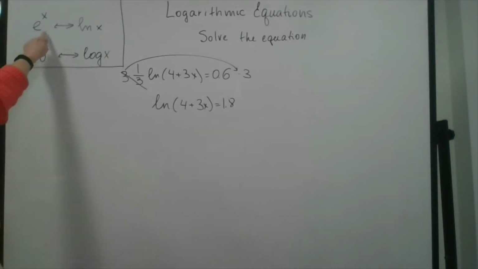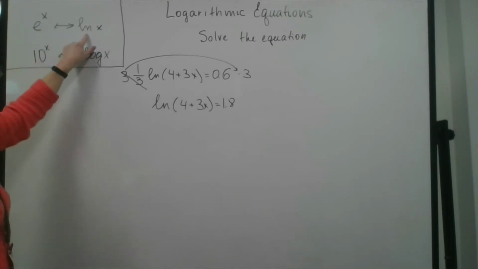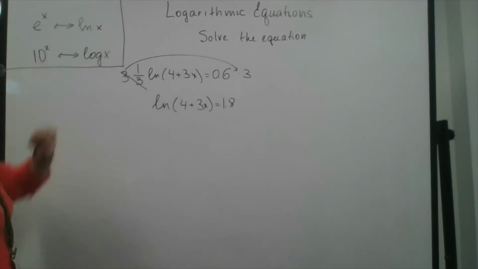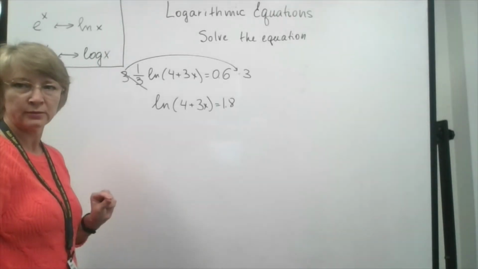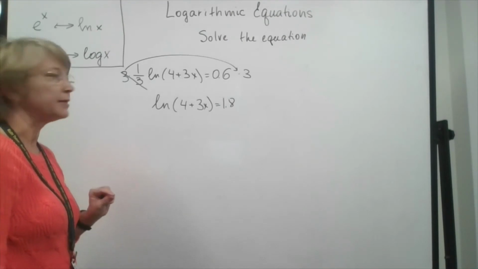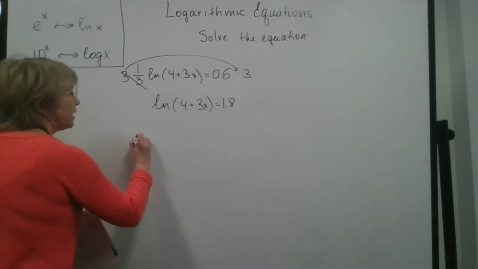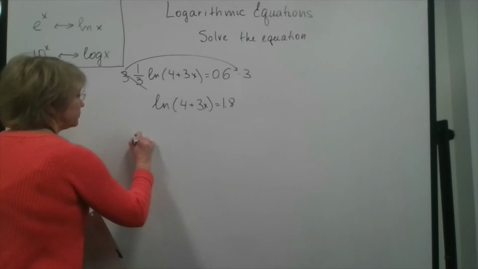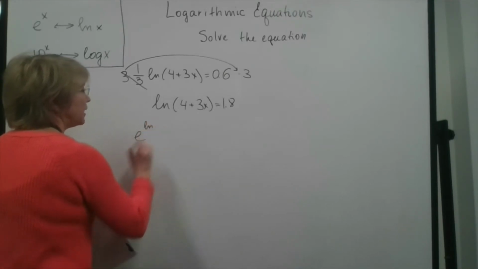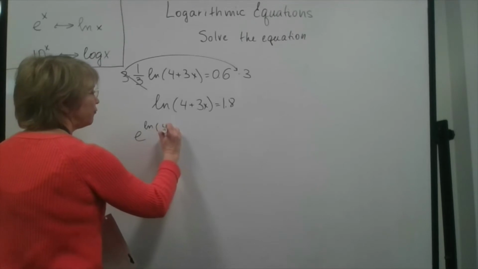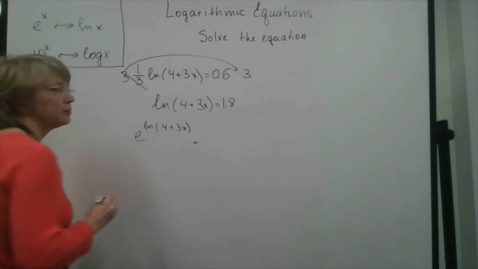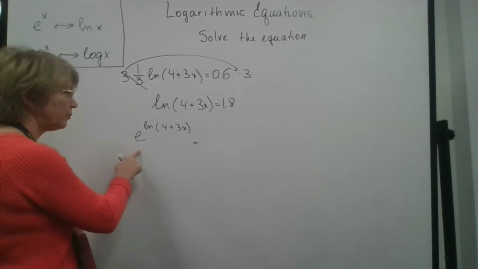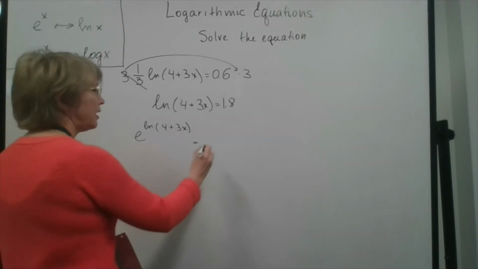Now we have to use this rule that e to the x is opposite of natural logarithm. Your handwriting has to be extremely nice to eliminate mistakes. You should write it down this way. e to the power natural logarithm of 4 plus 3x is equal to, and you remember, whatever you do to one side, you do the same to the other side.